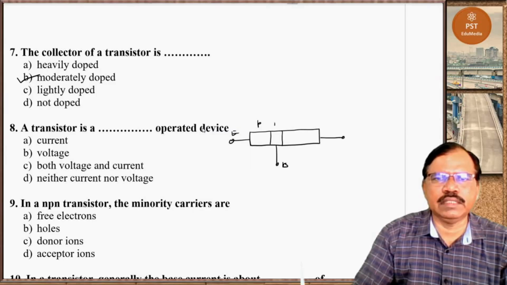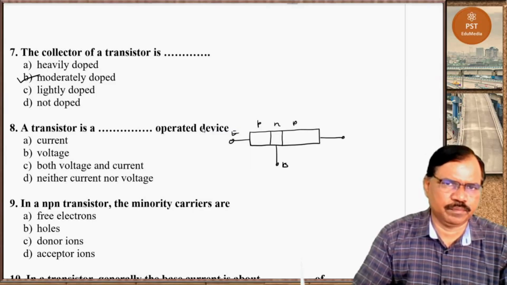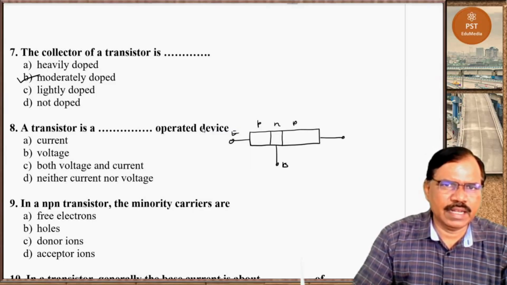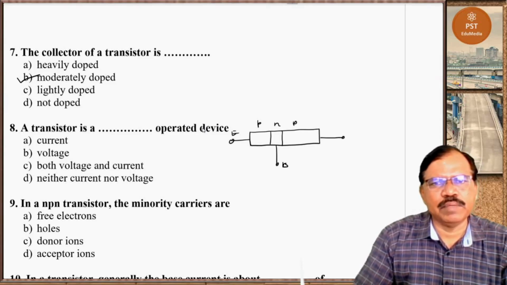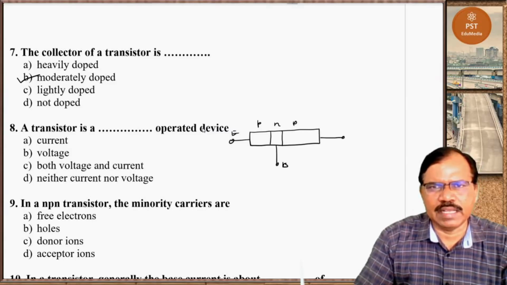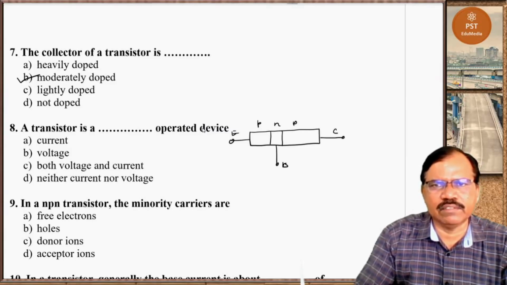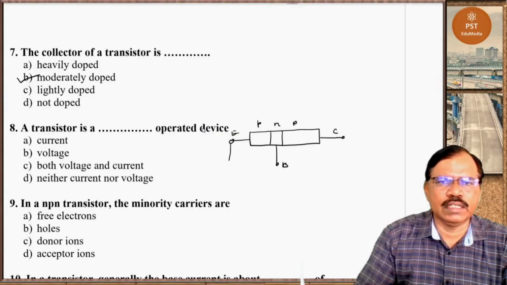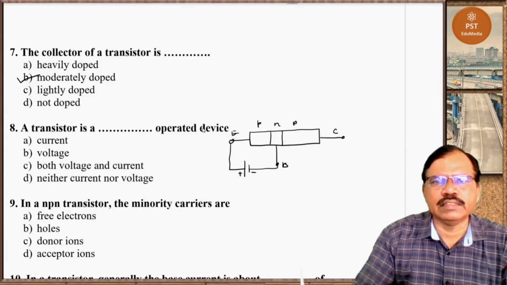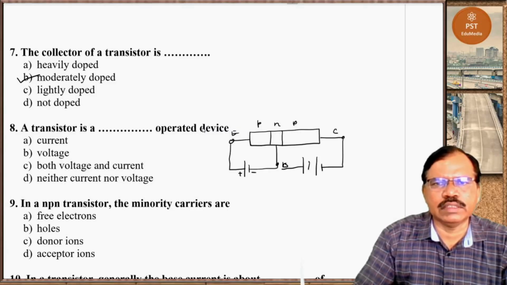Suppose this is a PNP transistor, and we connect batteries in such a way that base emitter junction is forward bias and base collector junction is reverse bias. So here it is connected to positive of battery, this is connected to negative of battery, this is connected to negative of battery, and this is connected to positive of battery.